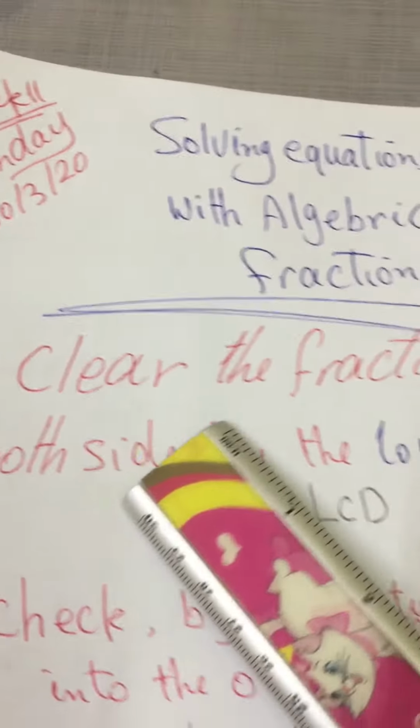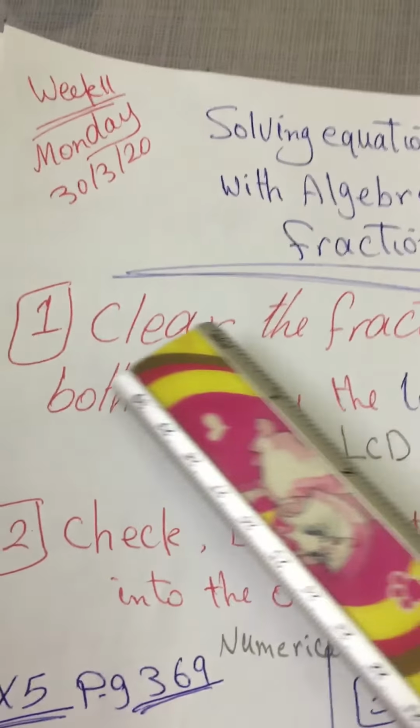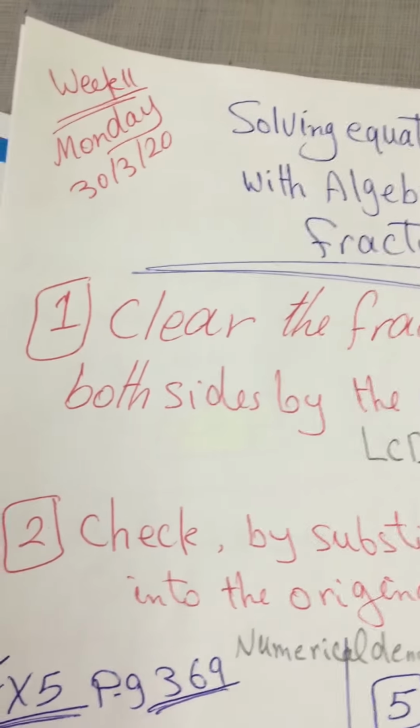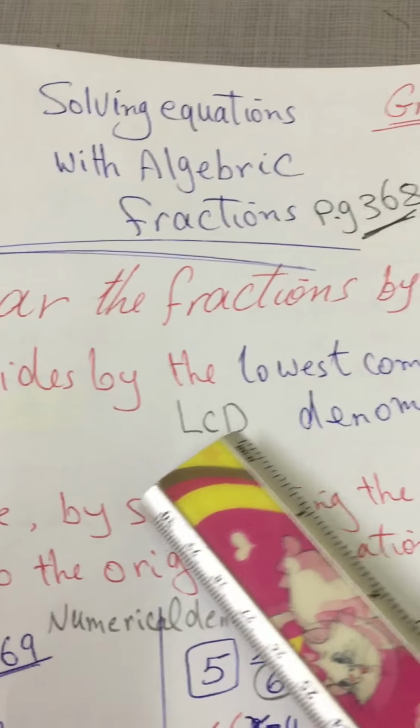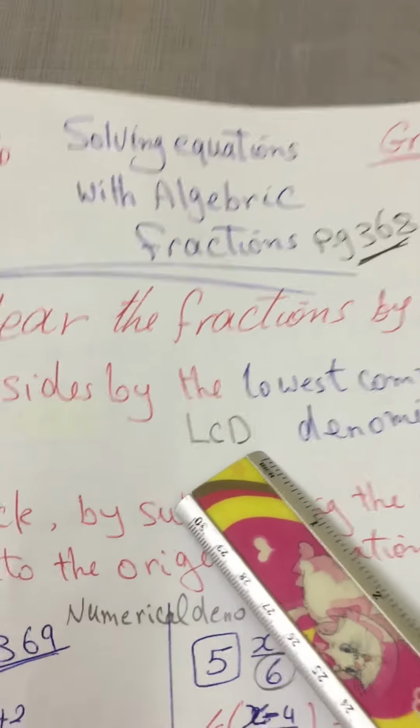How can I clear the fraction? How can I remove the denominator? Clearing the fraction means I want to remove the denominator, by multiplying both sides of the equation by the lowest common denominator.